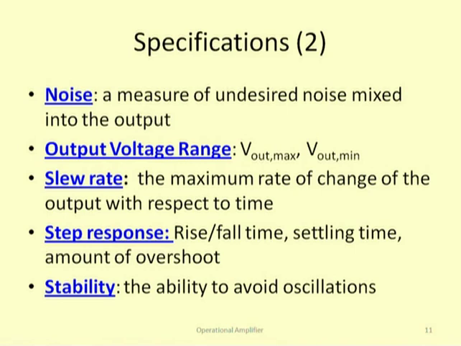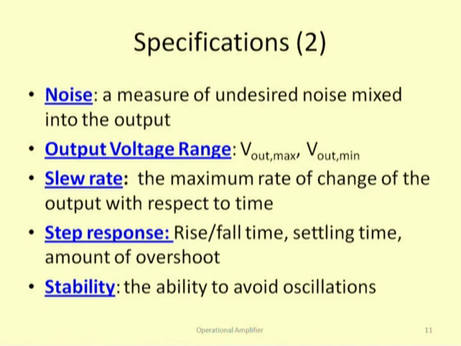Similarly, in the amplifier there could be a maximum voltage level or maximum current level which it can provide, as well as a minimum voltage level or minimum current level. So the output voltage range or output current range is again one of the parameters of the amplifier.